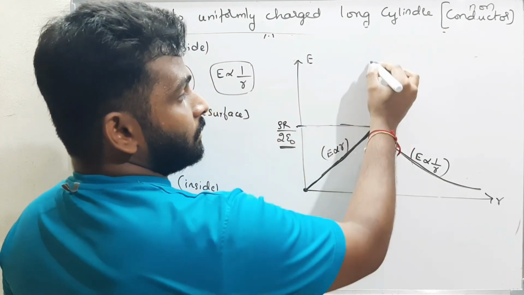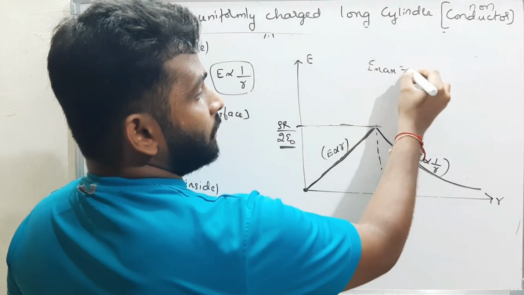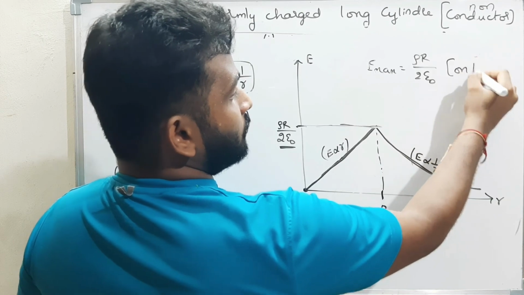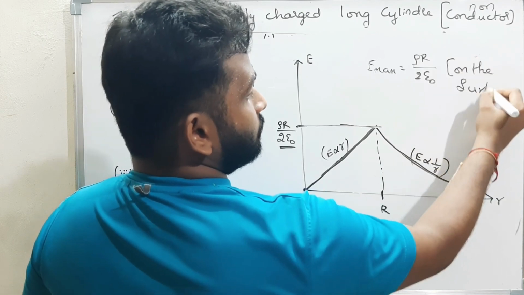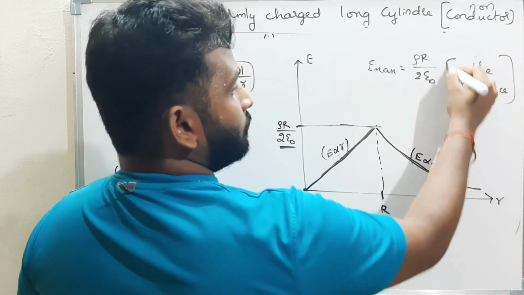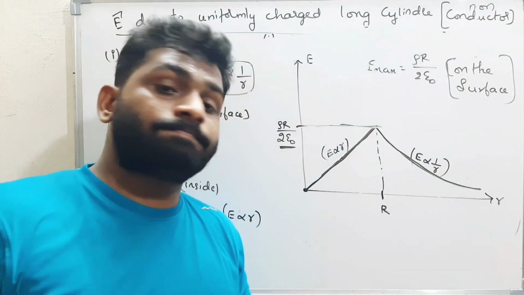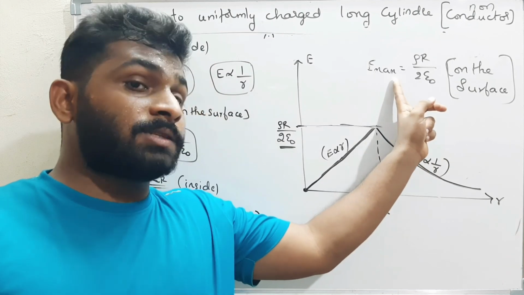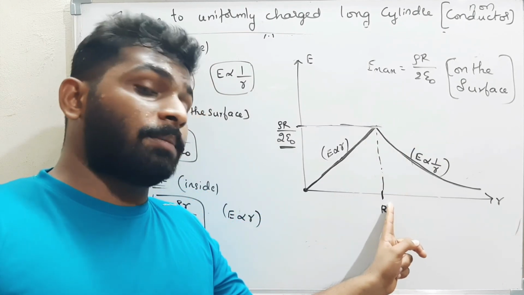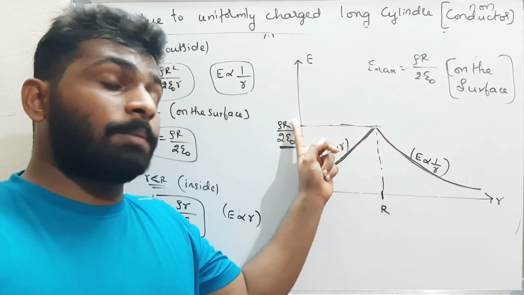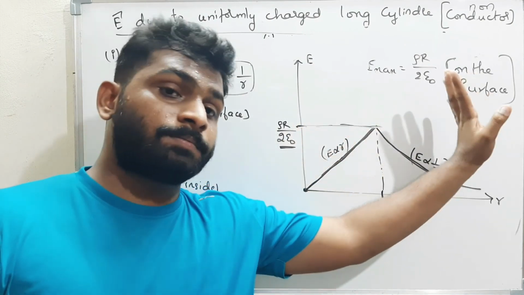The electric field maximum is nothing but rho capital R by 2 epsilon naught. That is on the surface. When r is equal to capital R, that means on the surface, the electric field is maximum. The maximum value is rho capital R by 2 epsilon naught.